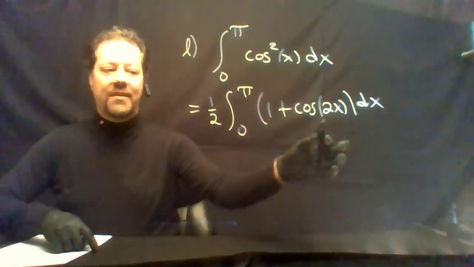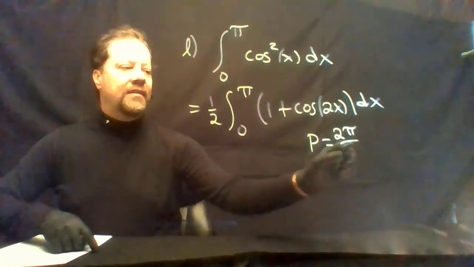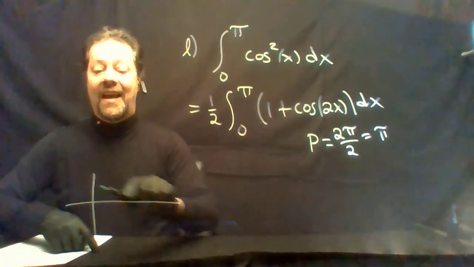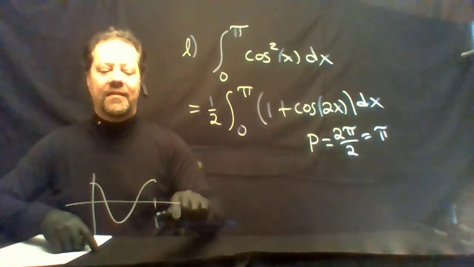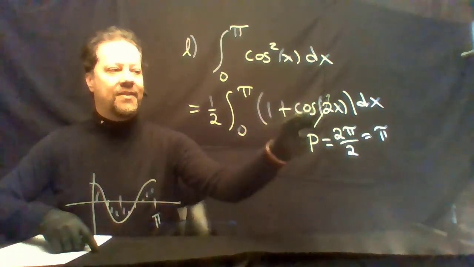On the second term, you're supposed to recognize that the period is 2 pi over 2, or pi. And if you integrate cosine over an entire period, you must get 0.